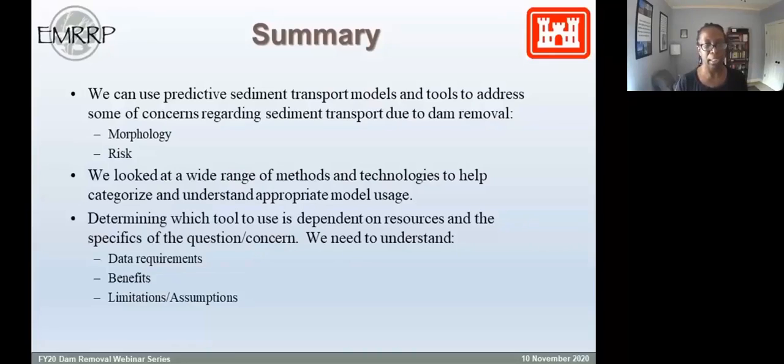So we need to understand the data requirements of whatever tool you're going to use, the benefits as well as limitations and assumptions. And a reminder that even though we have general categories, those limitations and assumptions will be model or tool specific.